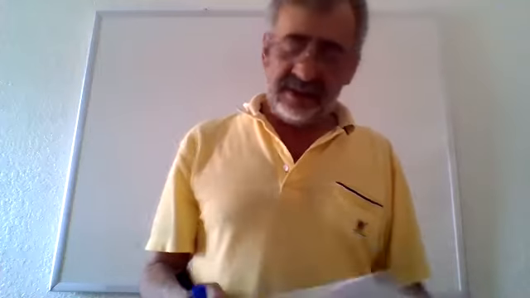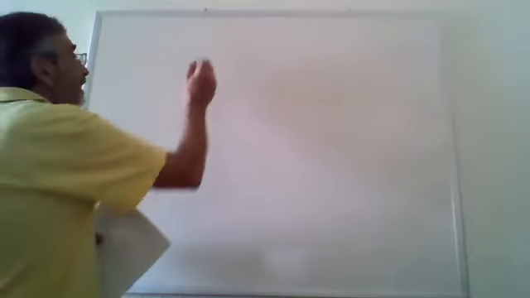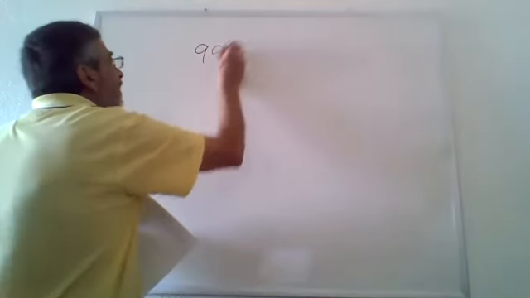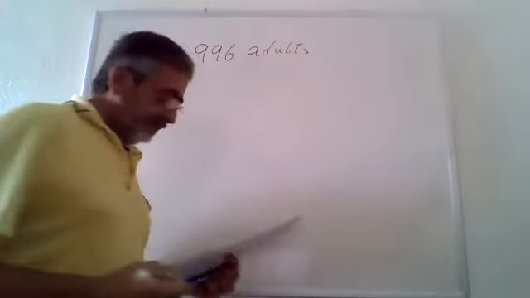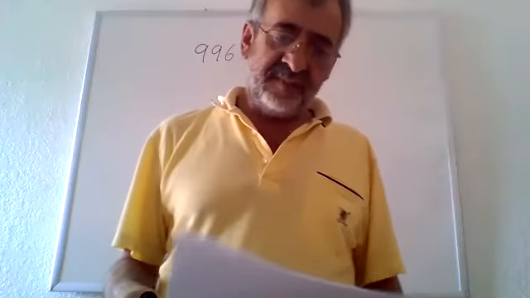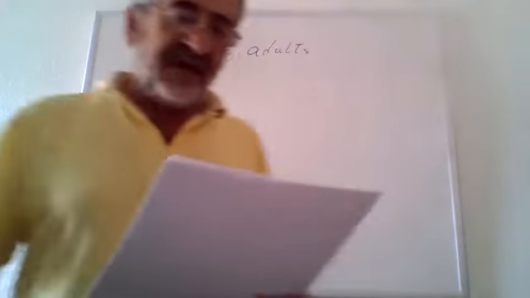Okay, I'm gonna read a little bit. It says, a recent telephone poll of 996 randomly selected adults revealed that 5 in 10 adults believe there has been progress in finding a cure for cancer.